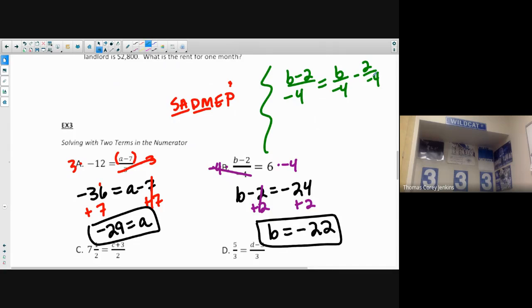And then you could reduce that to b over -4. Minus negative is going to be plus, and then 2 over 4 is 1/2. So you could change it to that, and then set equal to 6, and then solve. But to me, that seems a lot tougher. I would just remember the order of operations.